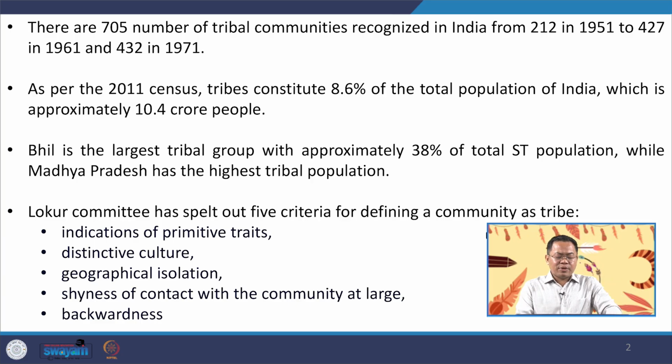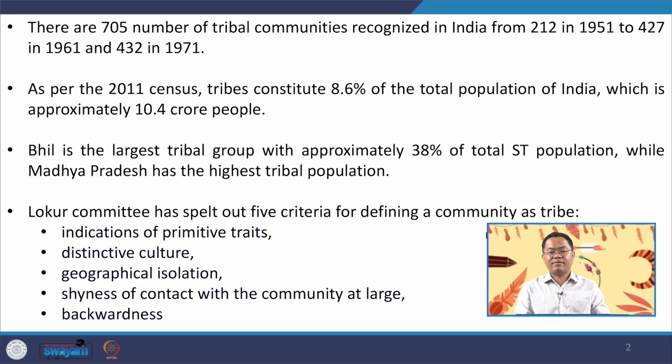As per the 2011 census, tribal communities constitute about 8.6% of the total population of India, which is approximately 10.4 crore people. Now, 8.6% is not a large number when we look at the total population of India. But the tribal communities in India are quite spread out across north, south, east and west.